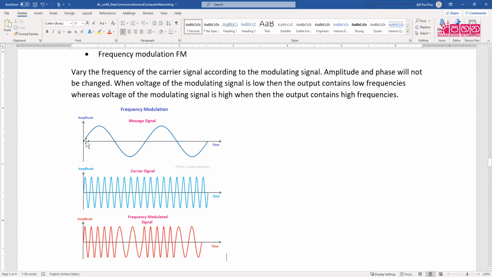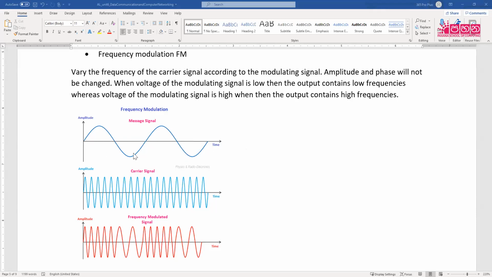So you see here, you have a high value, so you have high frequencies. Here we have a low value, so you have low frequencies, again high, again low. Frequency modulation, what we send here is we change the frequencies.